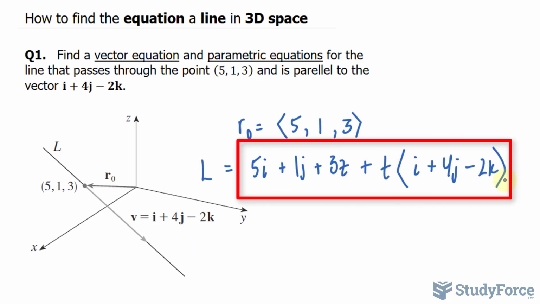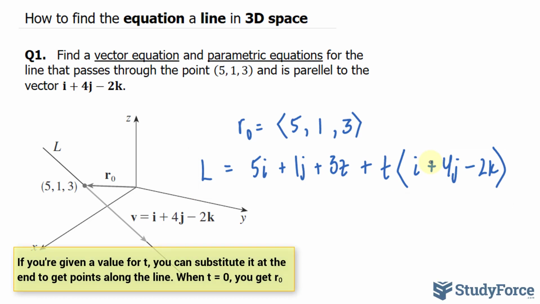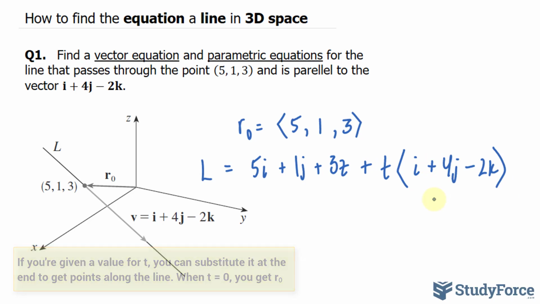So what you see on your screen represents the vector equation, and to get the parametric equations, I'll multiply this factor into the components found here, where I have ti plus 4jt minus 2kt, and I'll group the x, y, and z components together. Let me show you.